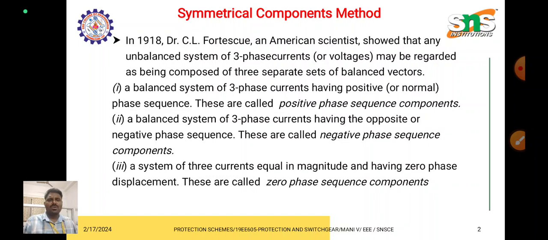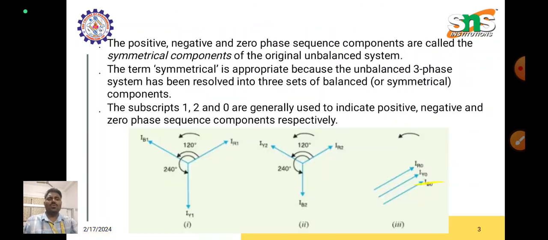And the zero sequence component is nothing but a system of three-phase current equal in magnitude and having zero phase displacement. This is called the zero phase sequence component. And here the positive, negative and zero phase sequence components are called the symmetrical components of the original unbalanced system.